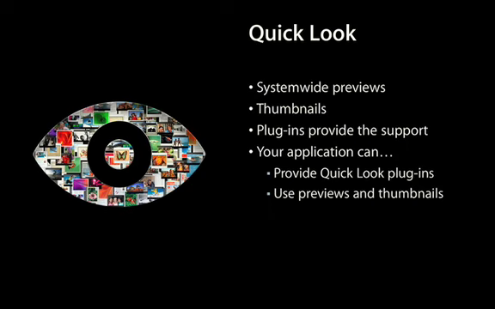Like Spotlight, Quick Look support is provided by plugins. So your application can provide Quick Look plugins for the custom data types that it defines, and you can use Quick Look in your application to bring non-native data into your app and display it to the user.